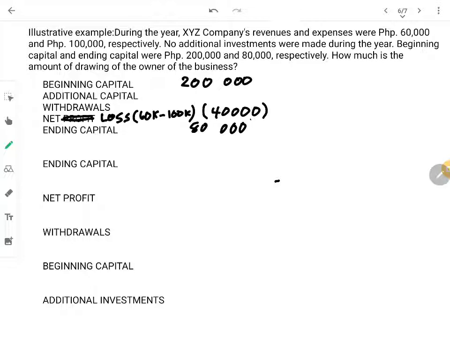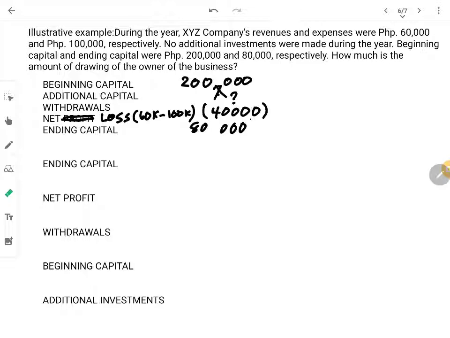And then, withdrawals, meron ba? Meron ba tayong withdrawals? Tingnan natin. Additional investment were made during the year. So, wala tayong additional investment. Ay, wala pala. And then, okay. So, tinitignan natin pala yung drawing. So, tingnan natin kung ilan yung drawing.